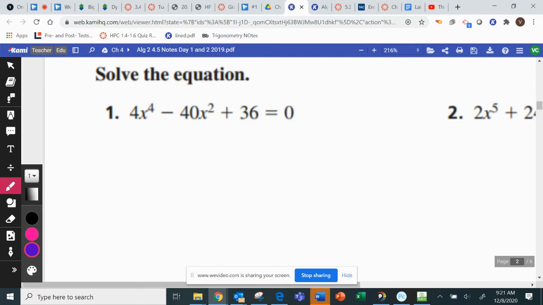What's our first step of factoring? Okay, GCF. So we're going to take out, this is just a 4.